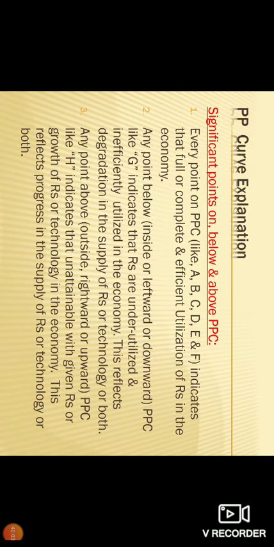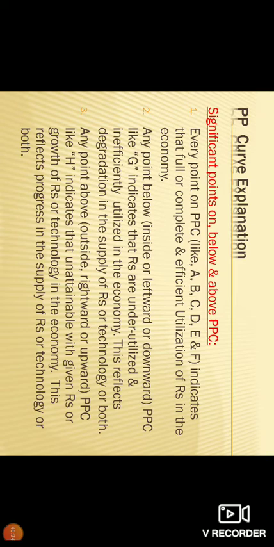So the second point, you see, any point below the production possibility curve we have marked, if any point comes below it, we will mark it as G. Why? Because already F has been completed, we will take G. This indicates the resources are underutilized. Underutilized means not efficiently utilized, not completely utilized.